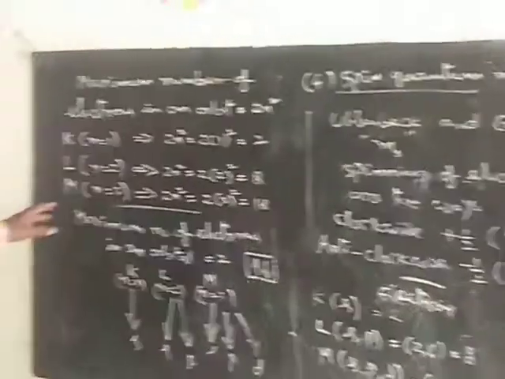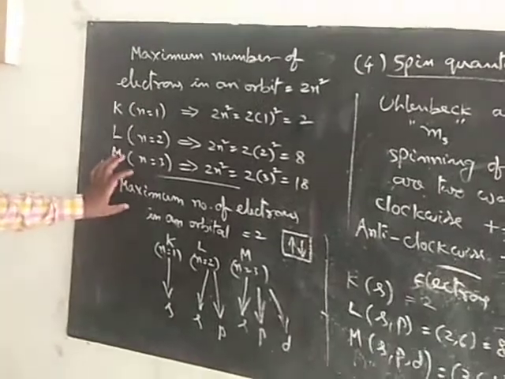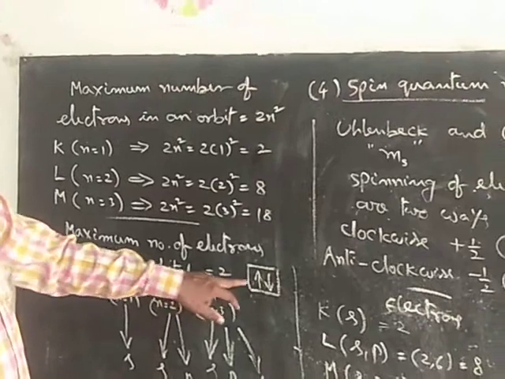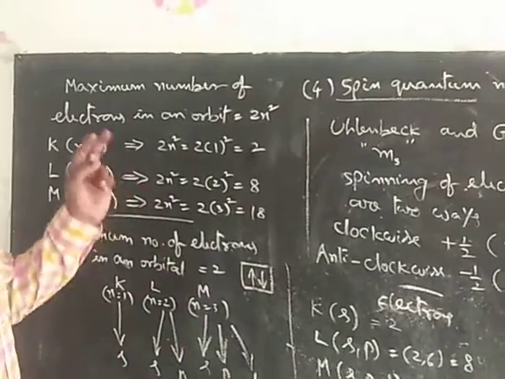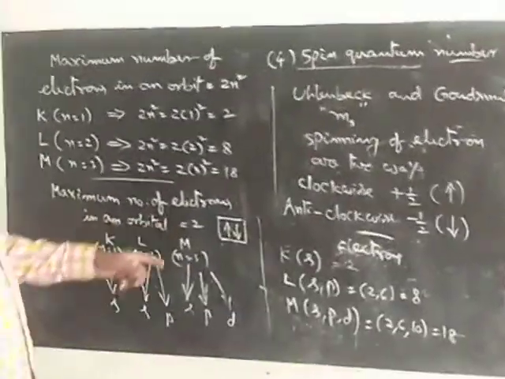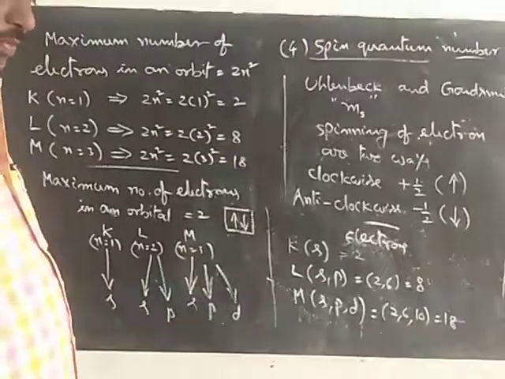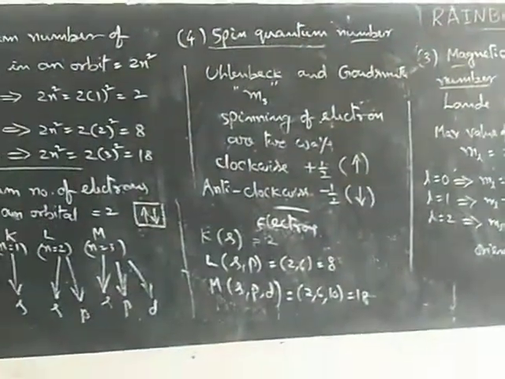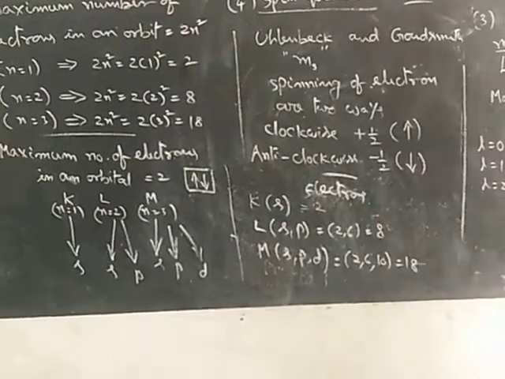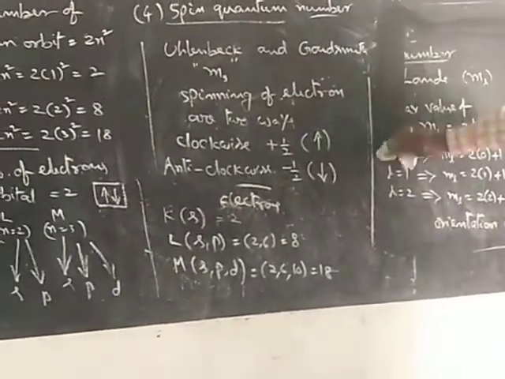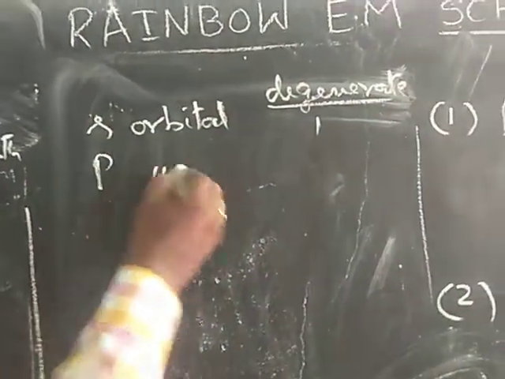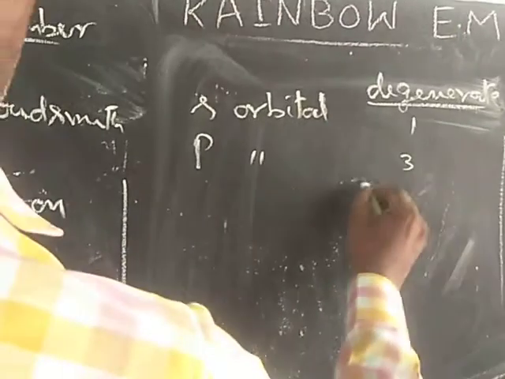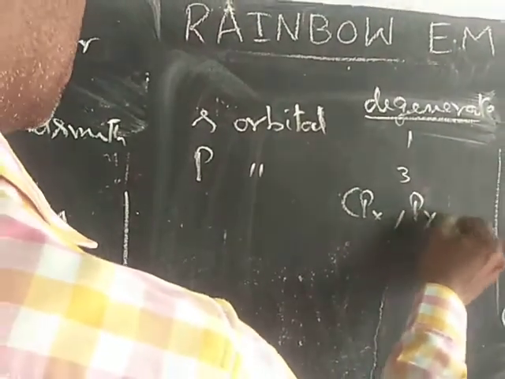Once again, see the maximum number of electrons in an orbital. You take any orbital, either s orbital, p orbital, or d orbital, the maximum number of electrons is 2 only. That means one is clockwise, another anti-clockwise. Suppose you take p, which consists of 6 electrons. How is it 6? P consists of 3 degenerate orbitals: Px, Py, Pz.